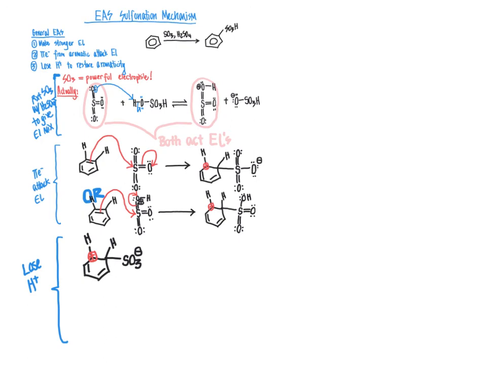As we look back at what we have available as our base, there are always a few different possibilities. One of those is that we generate this conjugate base of SO4H minus up here, so we could use that as a possible base. Also, if there were any water in the reaction mixture, we could use that as well.